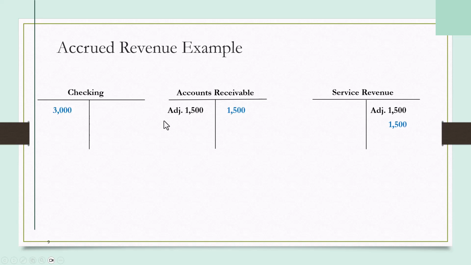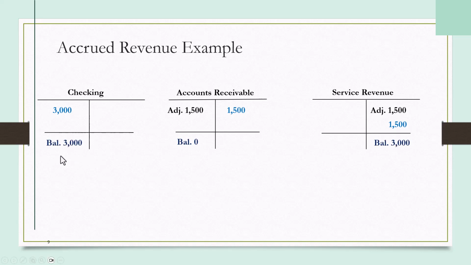And then in 2026, they did the second entry to show they received the $3,000 that went to checking. The customer no longer owes the $1,500 since that customer satisfied paying the job in full. So we can zero out the accounts receivable account by doing a credit. And then over here in revenue, the company would be recording the $1,500 they earned in 2026.